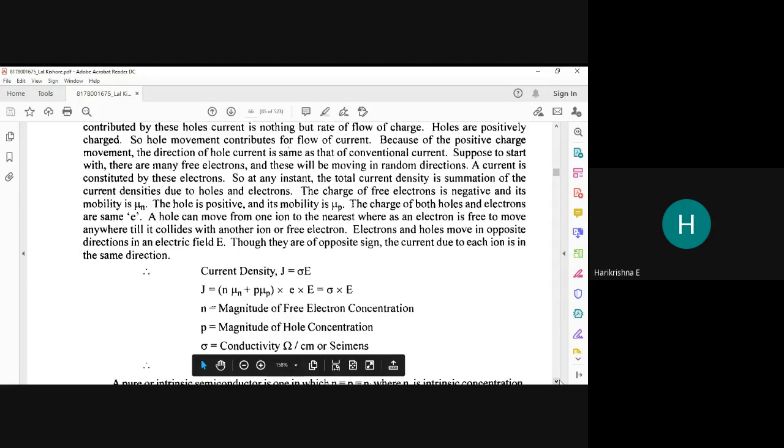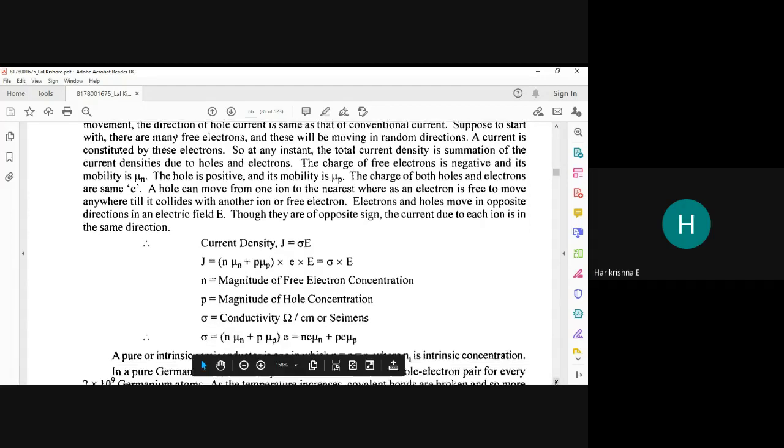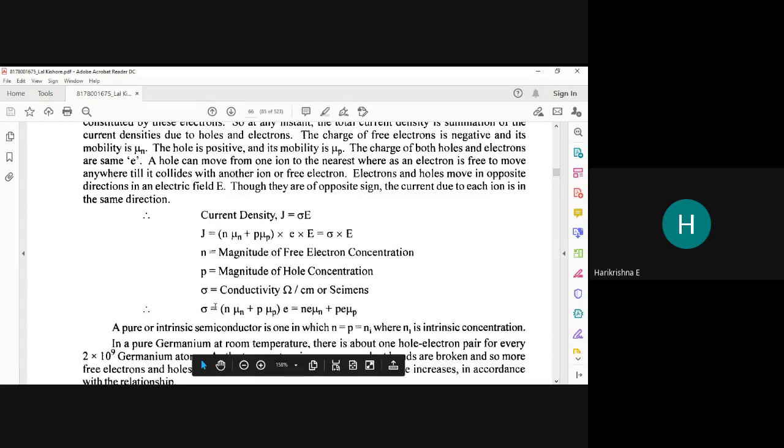And because it is a pure semiconductor, the number of electrons is equal to the number of holes. So N is equal to P is equal to N, and you can take a simplified formula. This is the conductivity of a pure semiconductor.